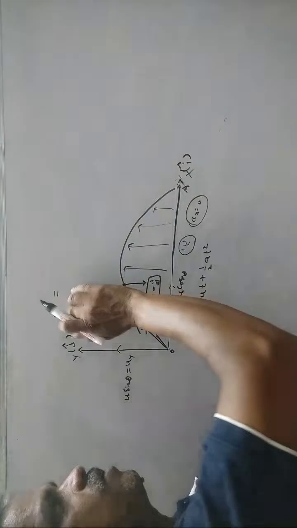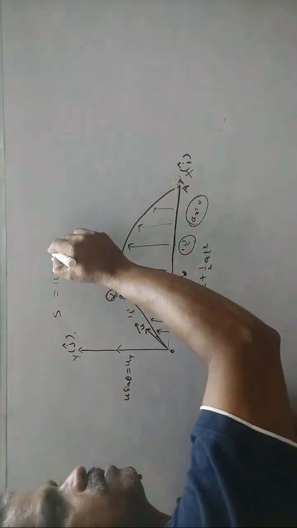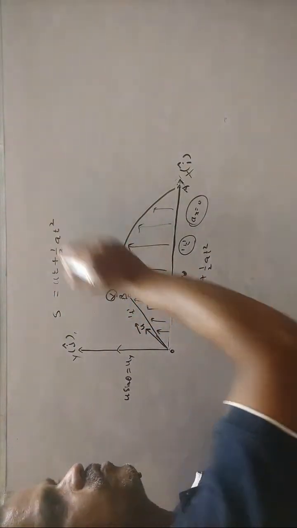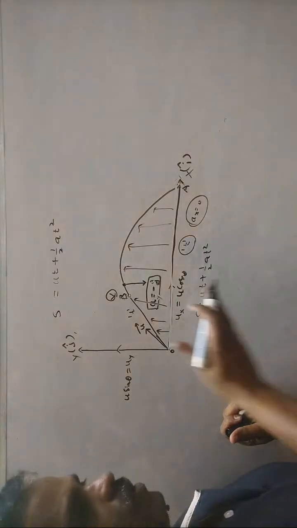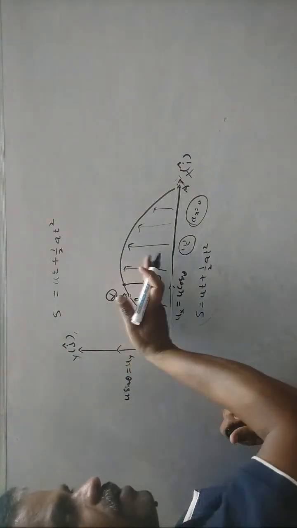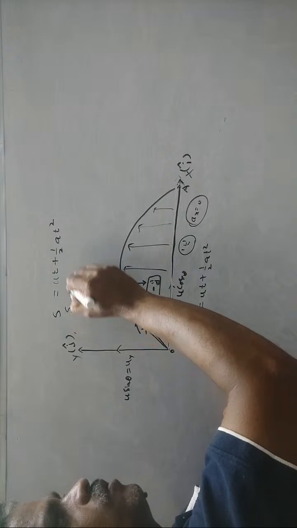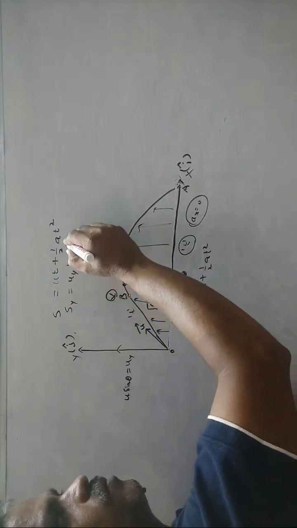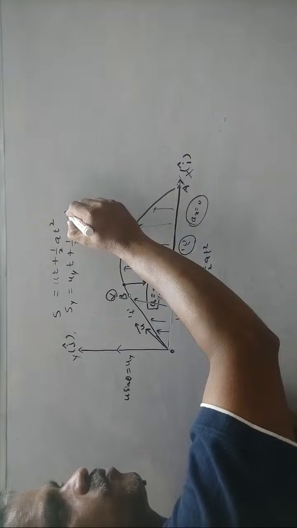We have the formula S equal to ut plus half at square. Along the vertical, meaning the y direction, Sy equal to uy into t plus half ay into t square.